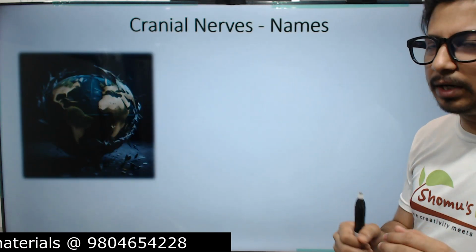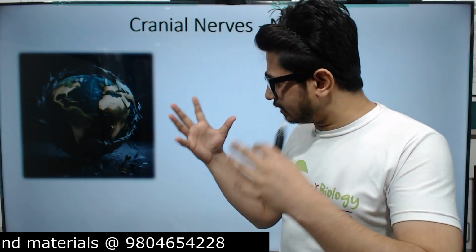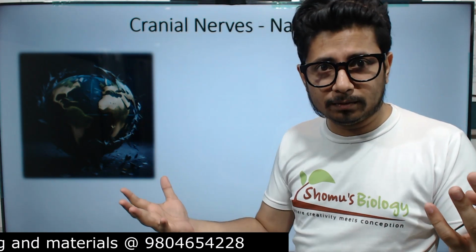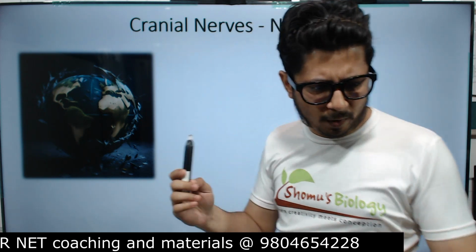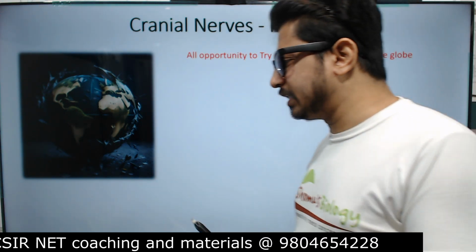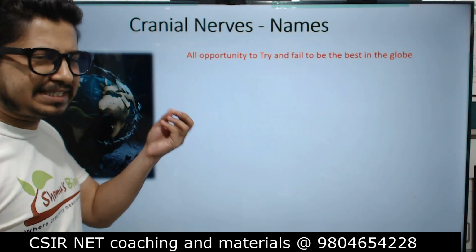Here I want you to focus on this particular image, which shows a planet, a globe. On this globe there are some distractions, some bad works, and there is some good greenery, which is good work. So we're talking about the situation of a globe based on your work, and we'll form a sentence from it: all opportunity to try and fail to be the best in the globe.